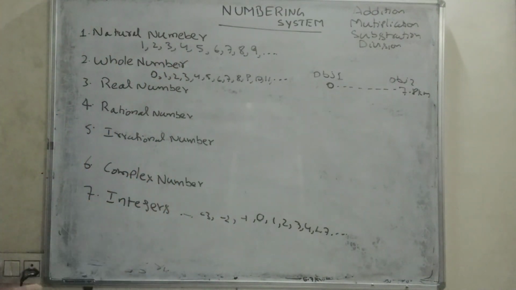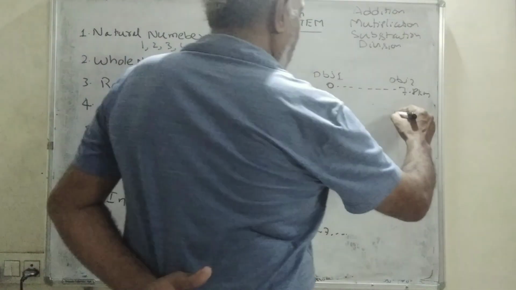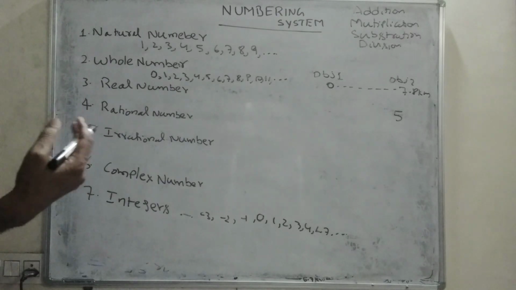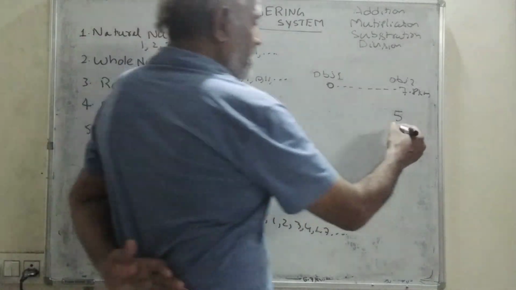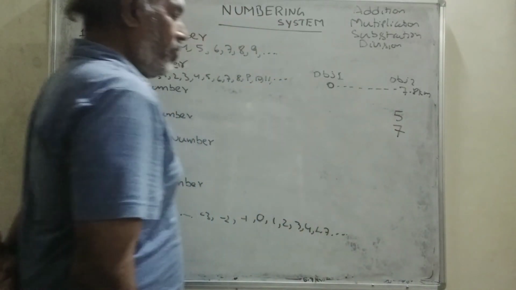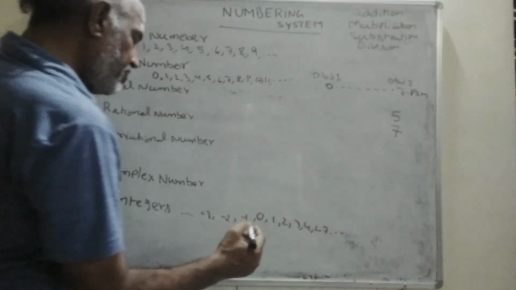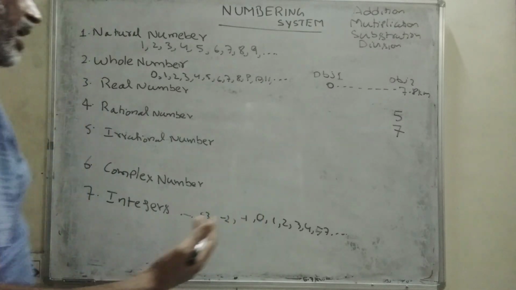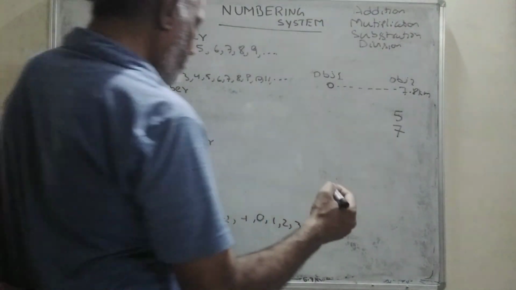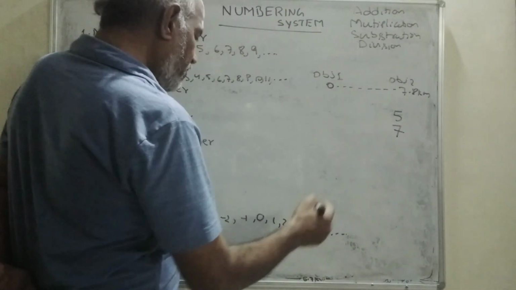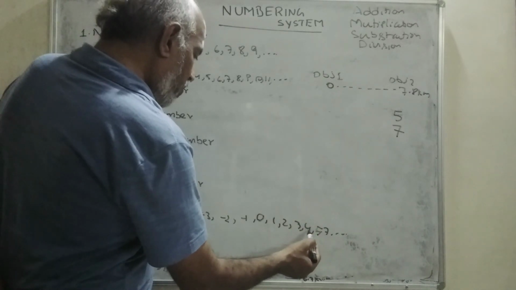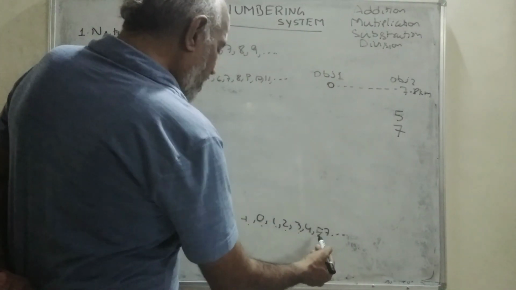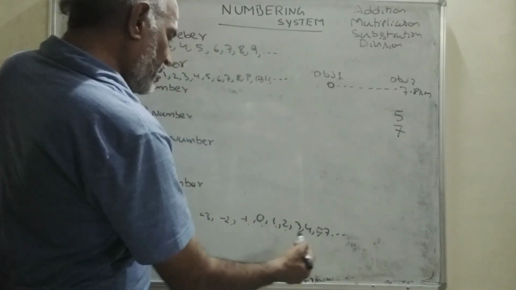That means I'm having an integer 5. If I want to subtract 7 from this 5, what is the answer? That means from 5 onwards, keep on counting 7 numbers.